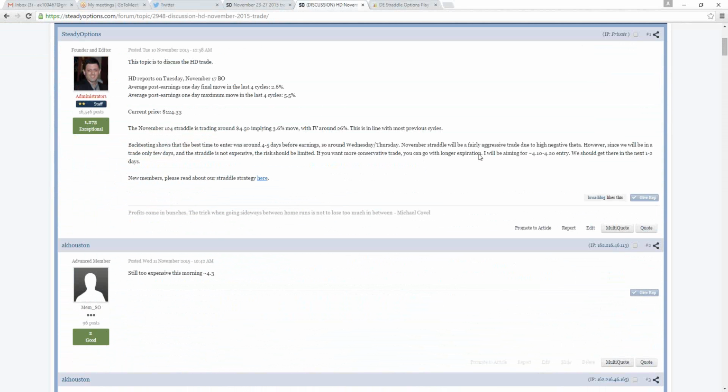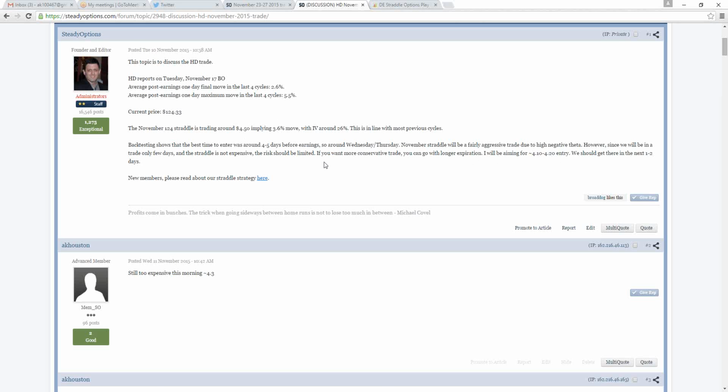But in this case, the holding time will be very short. Also, based on previous cycles, we know that HD usually performs best with close expiration. I also mentioned that I will be aiming for a 410 to 420 entry, and the current price was 450. And we should get there in 1 to 2 days.